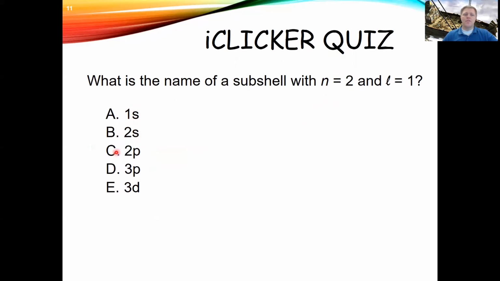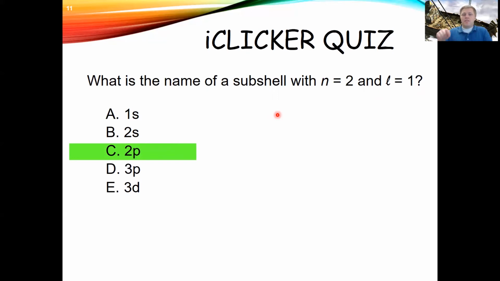And so it's going to either be B or C. Then we have L equals 1. So let's see, S, P, D, F. S is 0, P is 1. So we're looking for a 2p orbital right there. And notice I didn't put 2px, 2py because we're talking about the subshell, which is talking about the specific orbital type, not the specific orbital itself.